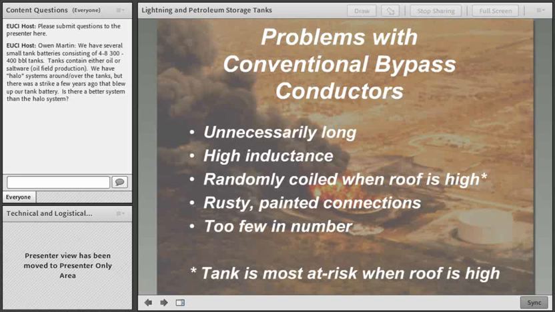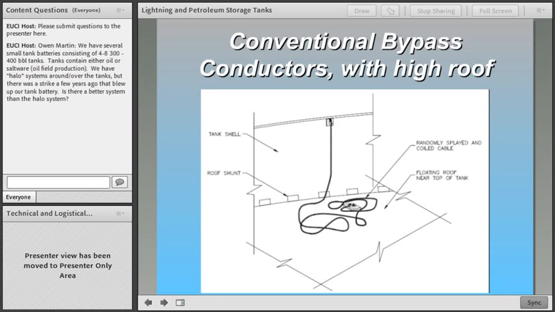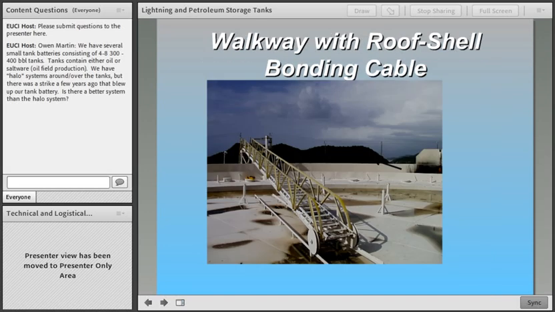And keep in mind that the tank is most at risk when the roof is high. So this is an illustration of a tank with a conventional bypass conductor when the tank is full or almost full. You can see here the conductor is just randomly coiled and splayed on the roof when the roof is high.